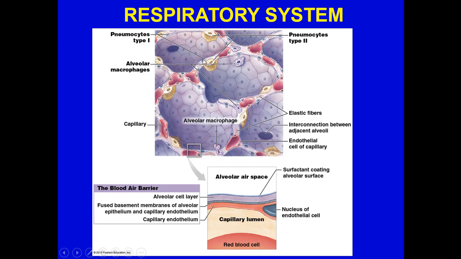What you see here are pneumocytes, alveolar cells type 1, and these basically make up the entire alveoli. Pneumocytes type 2 are very important as they produce surfactant to reduce the surface tension of the fluid that is covering the entire surface of the alveoli.